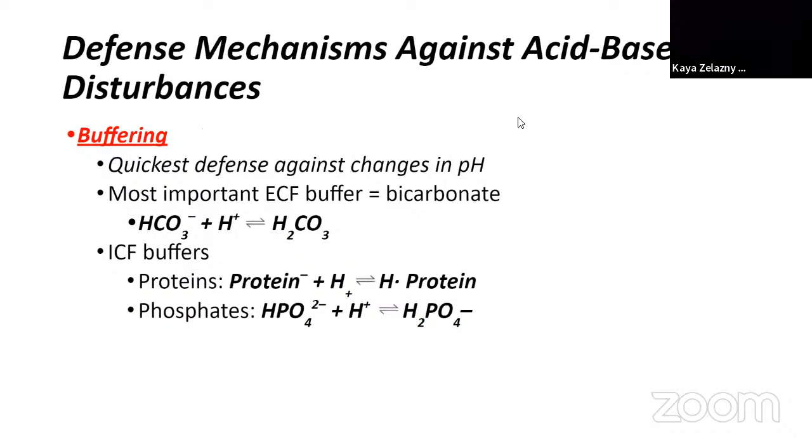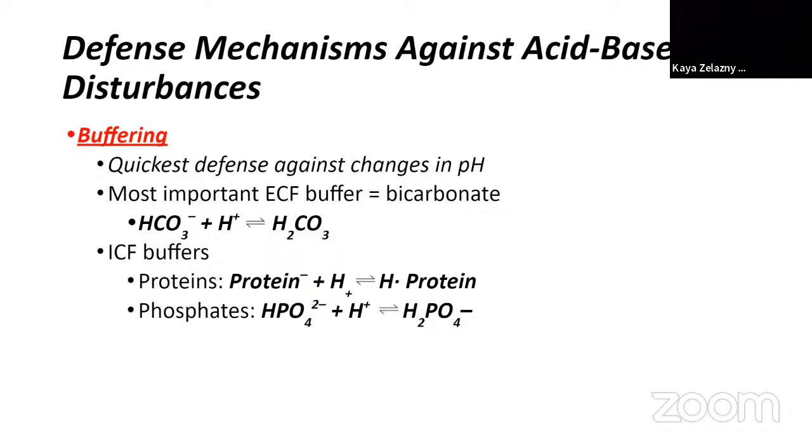Our buffering is our quick defense, the one we really care about. Our most important extracellular fluid buffer, our ECF buffer, is bicarbonate. Bicarbonate is our main chemical sponge. We do have a couple of things in the intracellular fluid, inside your cells, that can also act as buffer.